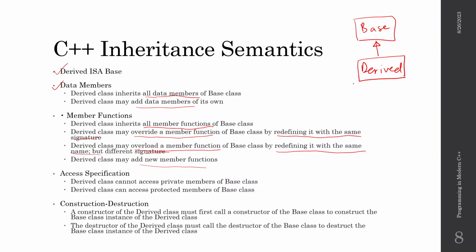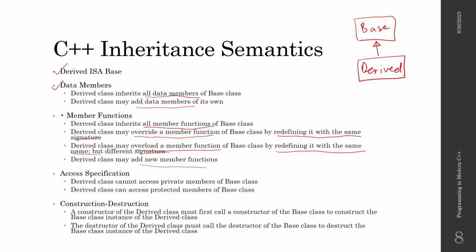So in the case of member functions, we have four cases. One thing is that it will inherit all the member functions of the base class, like the data member case, okay, and it can also add new member functions. But if you have a function in the base class, then if you redefine the same function in the derived class with the same signature, then the behavior of that function will be redefined with the new thing.